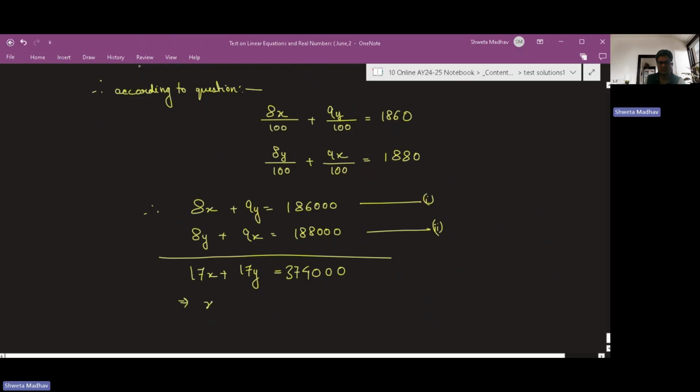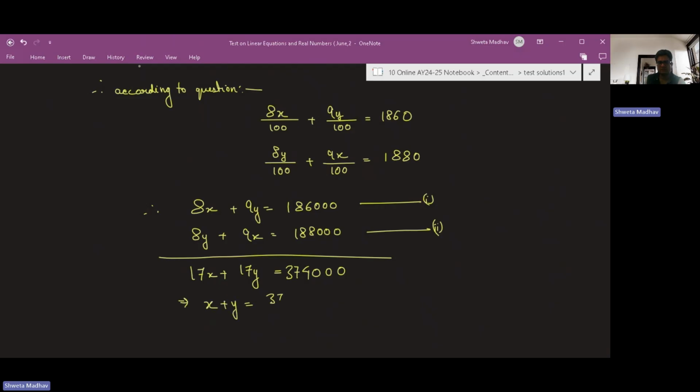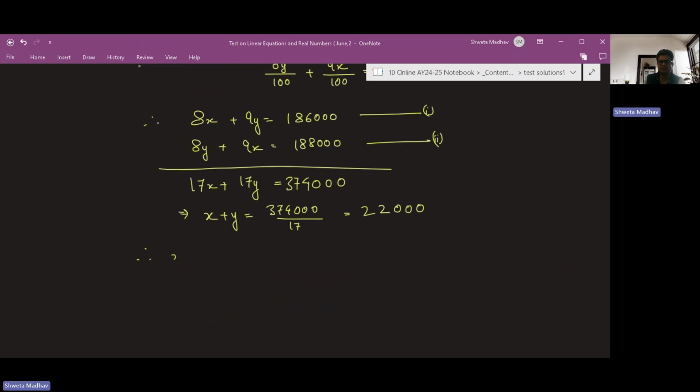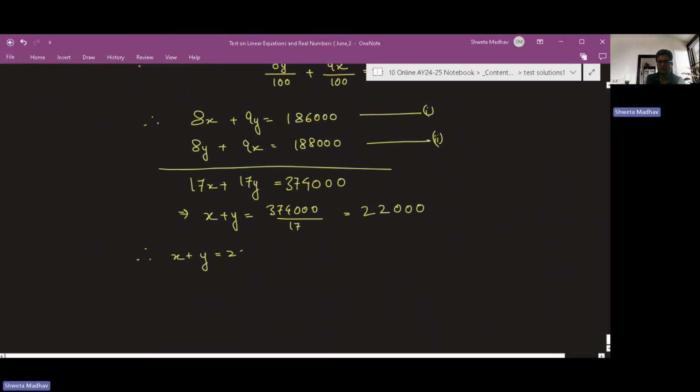So then we can say that x plus y will be 374,000 divided by 17, which will be equal to 22,000. Hence one of the equations is x plus y equal to 22,000.